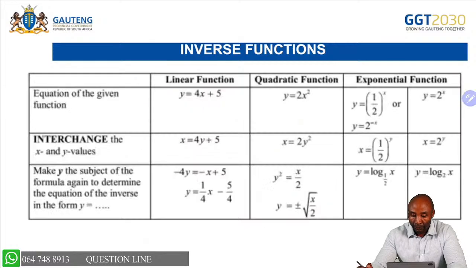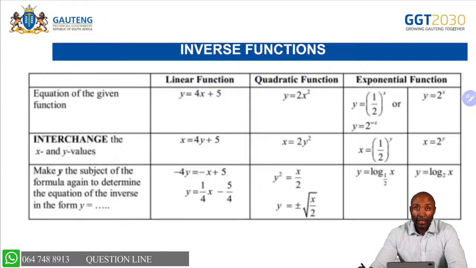We move on now. We looked at the process of getting our inverse function. We said if you are given f of x is equal to, you will replace it with y is equal to, for our linear function. We noticed that our y is equal to 4x plus 5.